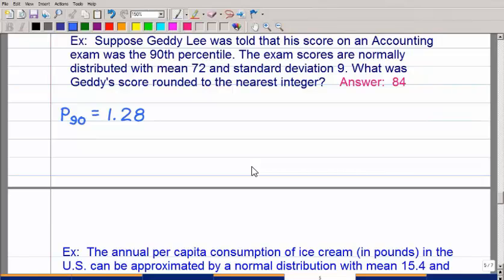So once we know that, we can go to our formula. x equals the mean of 72 plus our z-score we just calculated, which is 1.28, times the standard deviation of 9. And then we'll round that off to an integer.